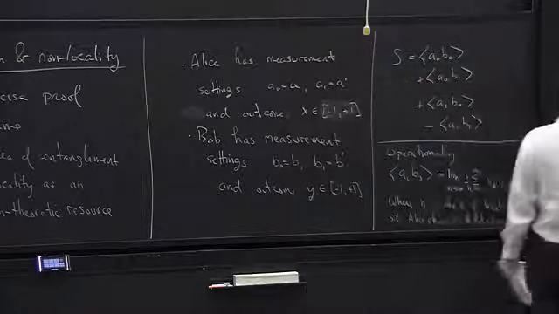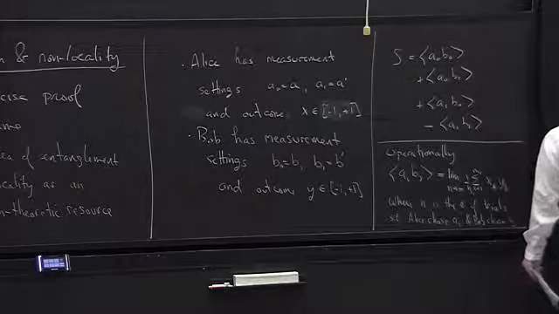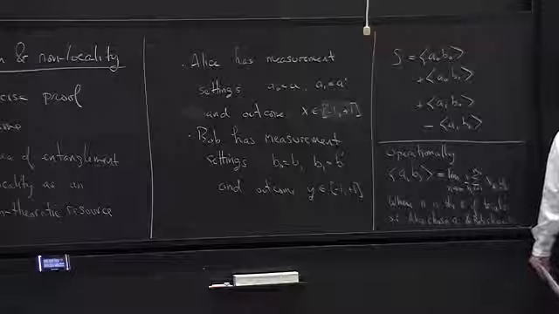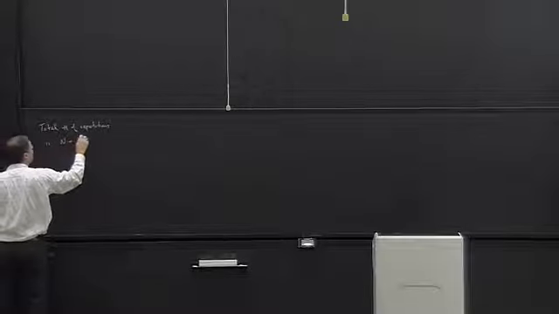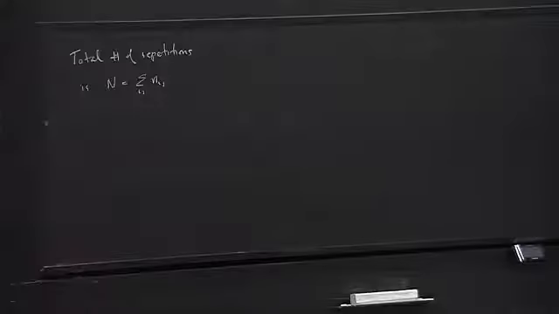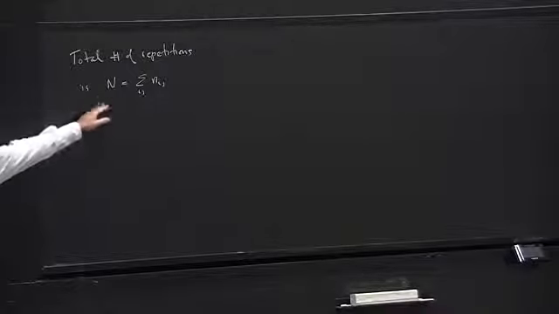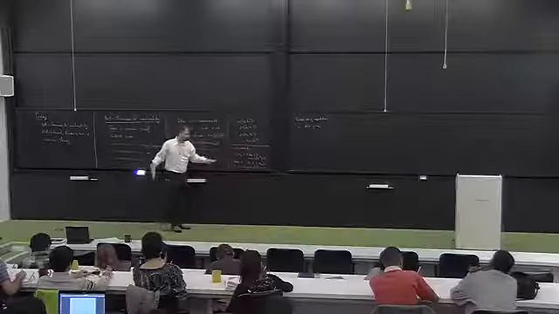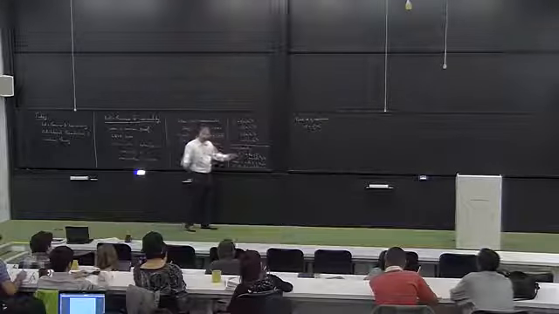So the point is the total number of experiments, the total number of repetitions or runs, is N equal to the sum over ij of n_ij. So we do the experiment capital N times. Alice and Bob haven't communicated because they're space-like separated. Then later on we collect their lab books.